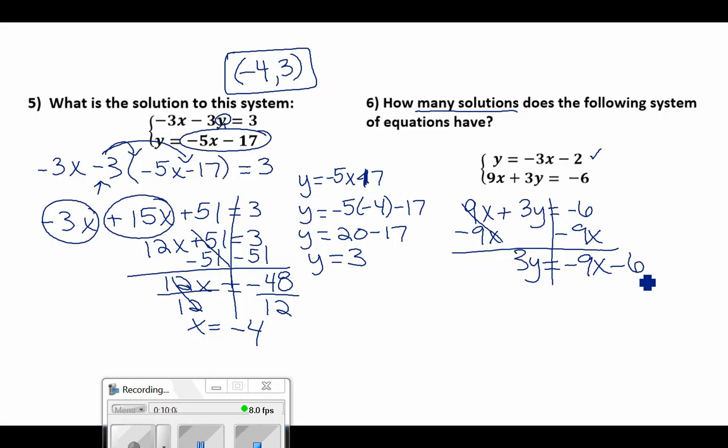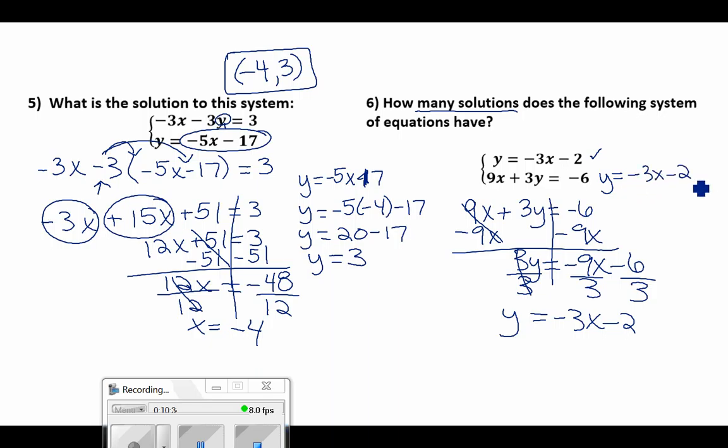I'm not finished because I'm still wanting to solve for y. I'm going to divide everything by 3, and I will have y equals negative 3x minus 2. So let's put that up here next to the equation, negative 3x minus 2.